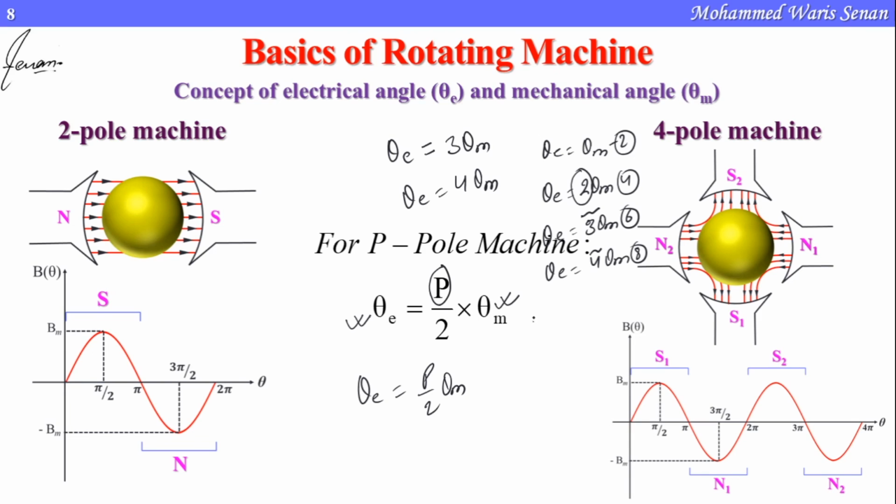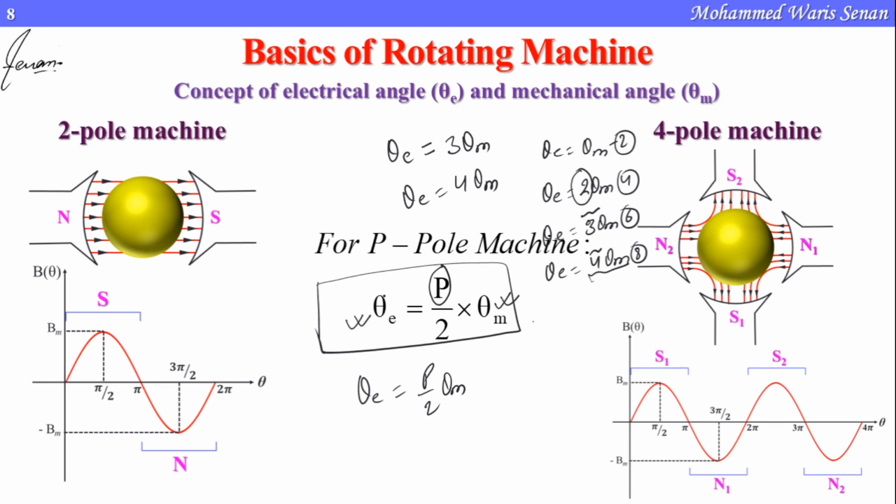For 2 cycles, theta electrical is 4 pi. So for 4 cycles, theta electrical is 8 pi. And for one rotation, theta mechanical is 2 pi. So in one rotation we are getting 4 cycles, which means theta electrical is equal to 4 times theta mechanical. Okay. So this is a very important concept.